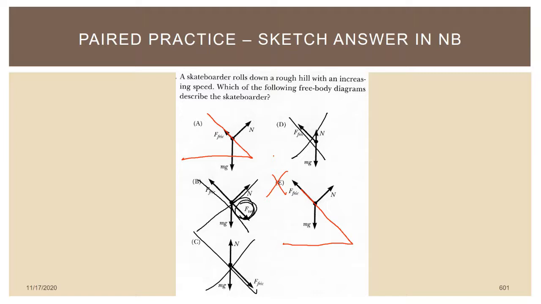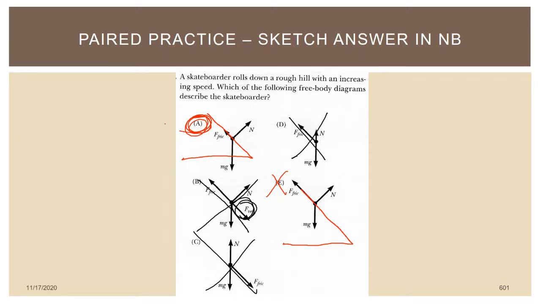The normal force is actually supposed to be less than the weight because the normal force is only equal to FGY. And the friction force is supposed to be smaller than the normal force because the coefficient of friction is a number that's usually smaller than 1. And when you take a number smaller than 1 times the normal force, you get a smaller number. And that makes the answer A.